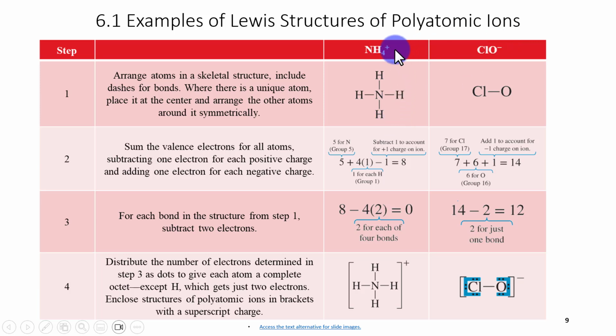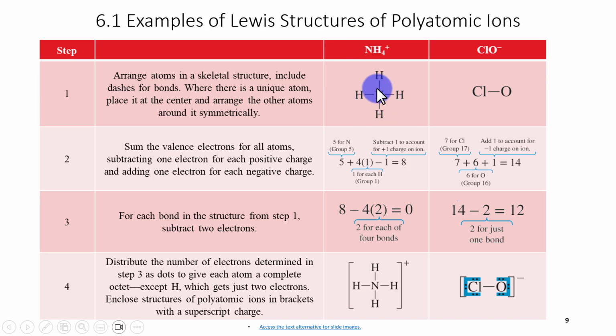Well, to deal with charges of polyatomic ions, when we calculate the total valence electrons that I have to work with, I have to either subtract an electron for every positive charge or add an electron for every negative charge. Let's first draw skeletal structures.